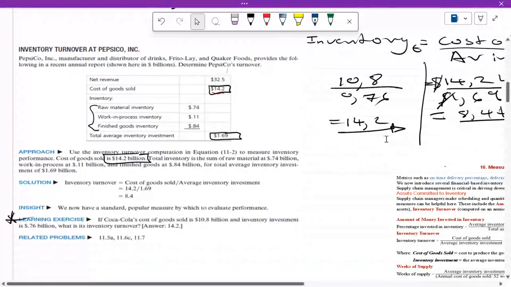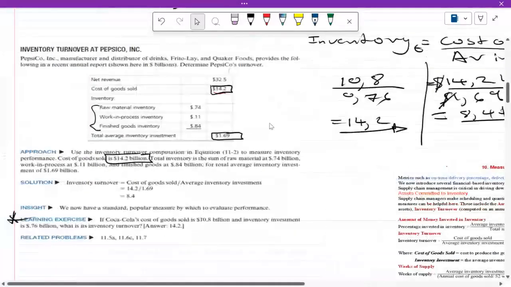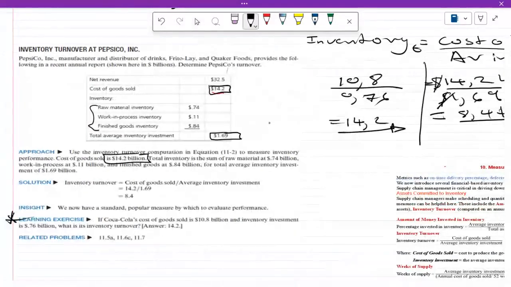So it's revenue, and after that it's cost of goods sold. This is your sales, and underneath it's your cost of goods sold. So it's what you spend in making that product before your inventory. There are two costs here: cost of goods sold and inventory.